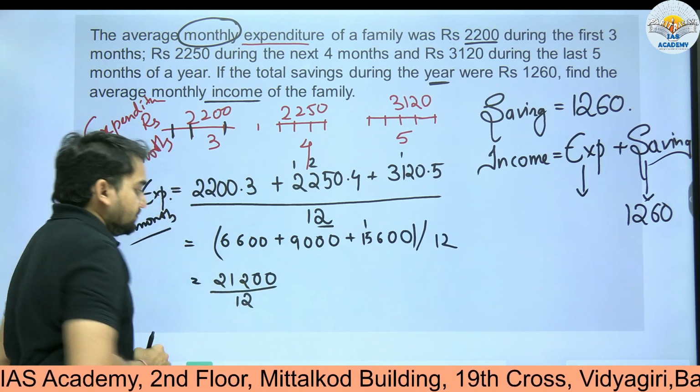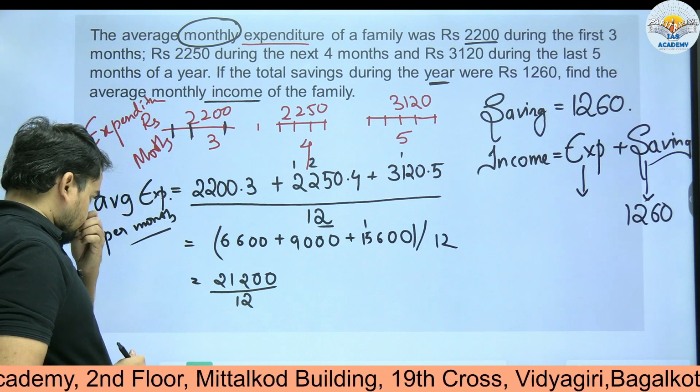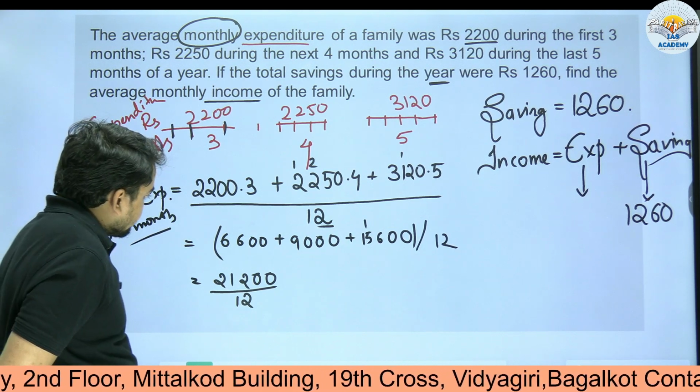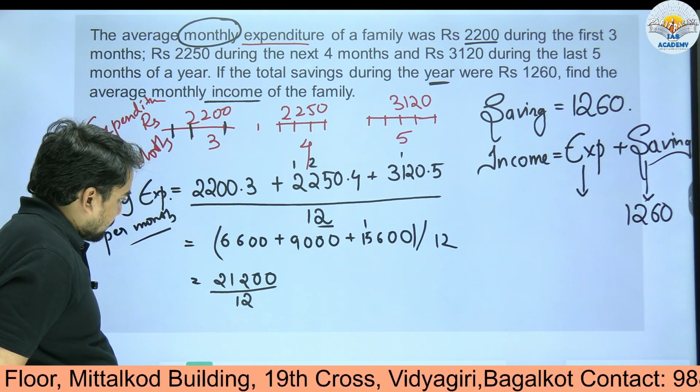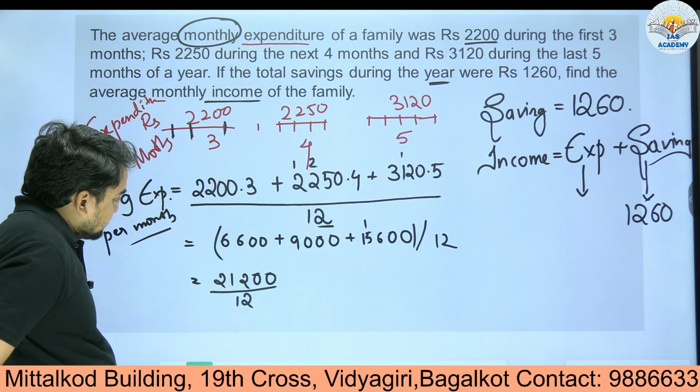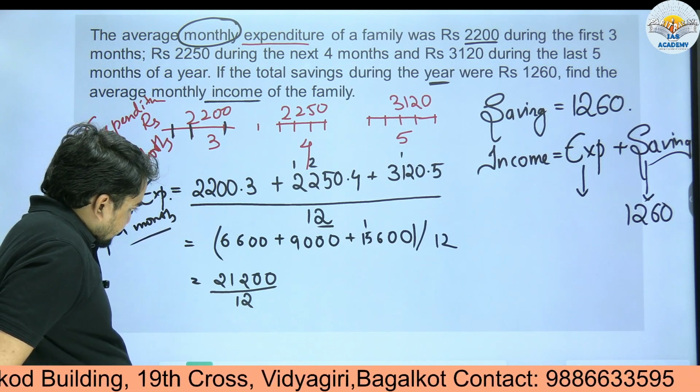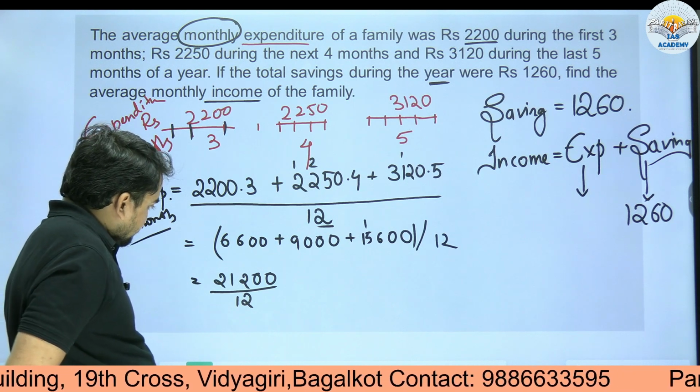Is it divisible by 6, 3 or 5 directly? Yes, it is divisible by 4. What about divisibility of 5?